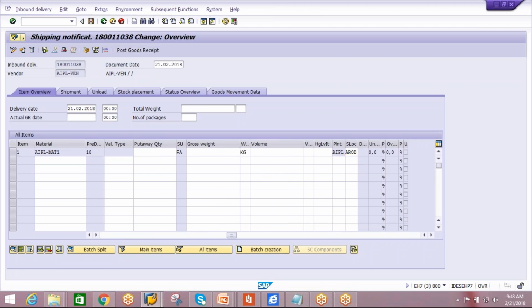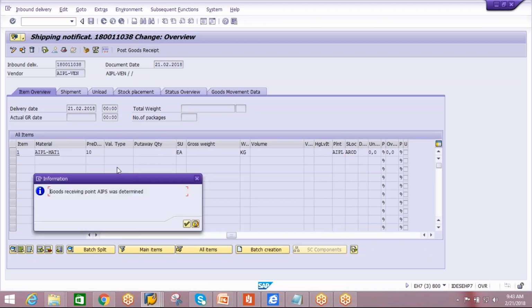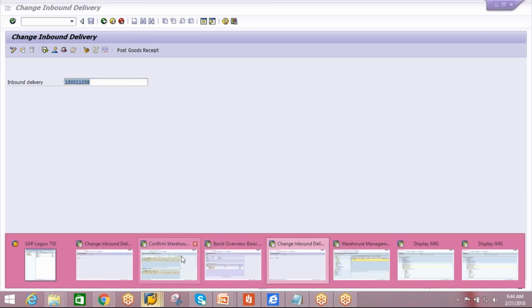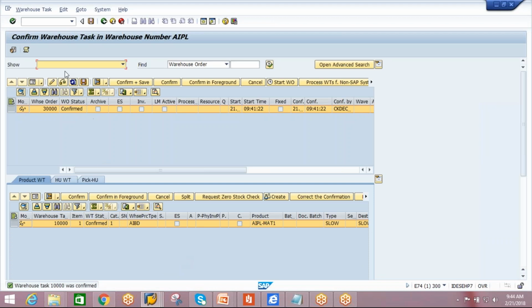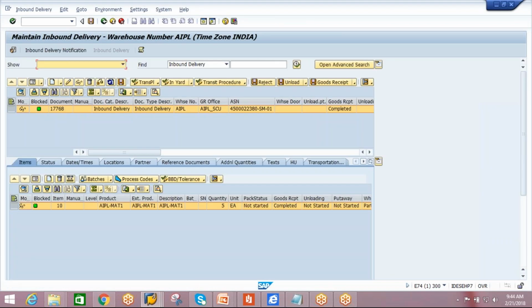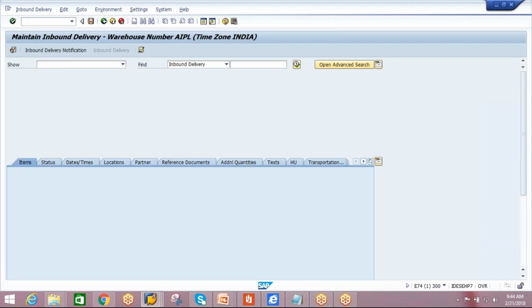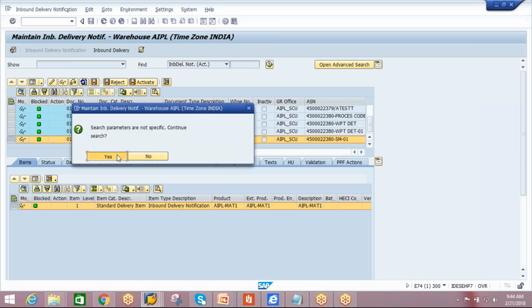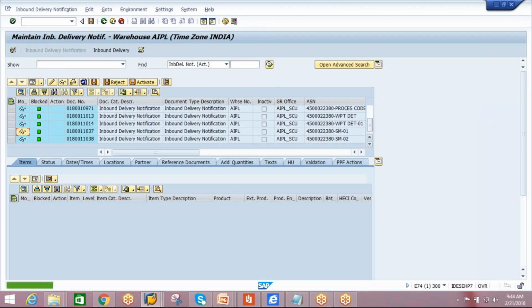Receive and DAC. Now it is distributed 11038. I am coming to EWM. This one. Got inbound delivery.